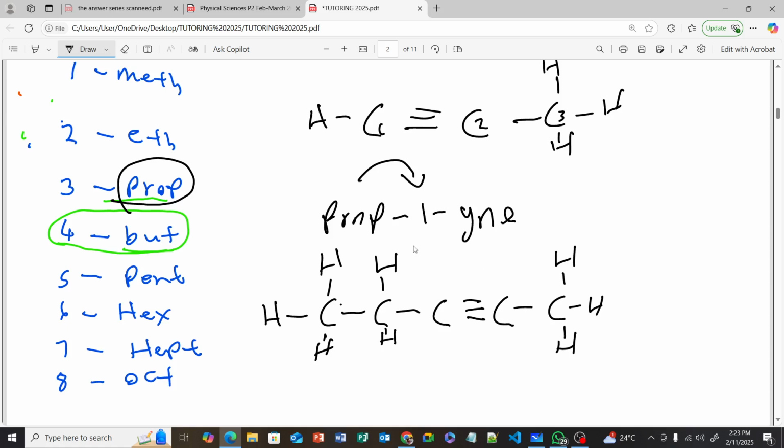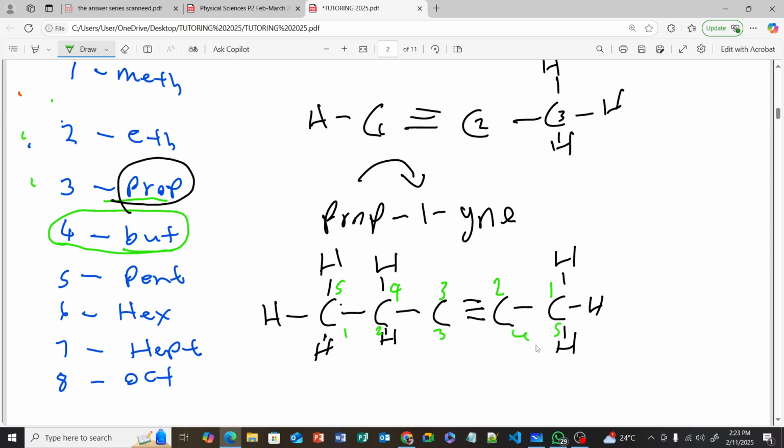4 bonds. Okay, now I've already counted when I was drawing that there are 5 carbons, but remember we must number from the side that is closest to the triple bond so that the triple bond can have the lowest number possible. So here we have 1, 2, 3, 4 and 5. The vice versa is 1, 2, 3, 4 and 5.